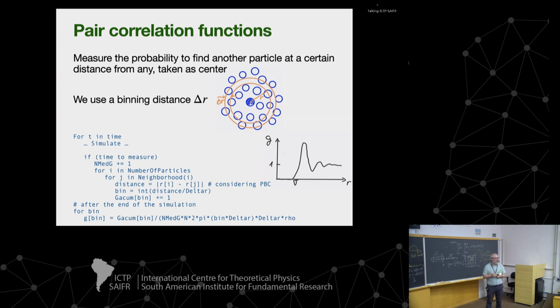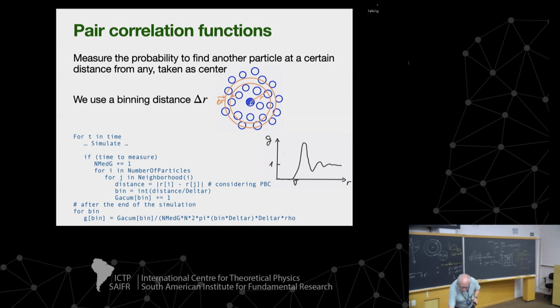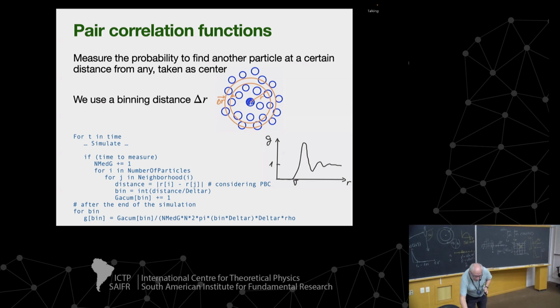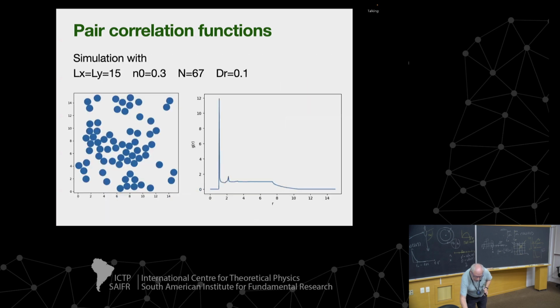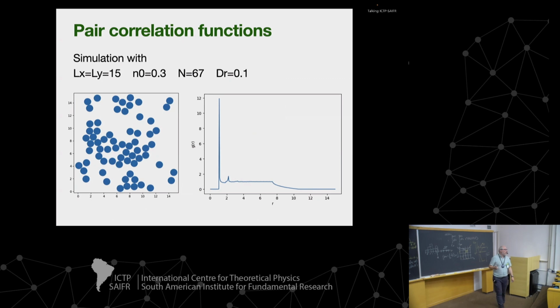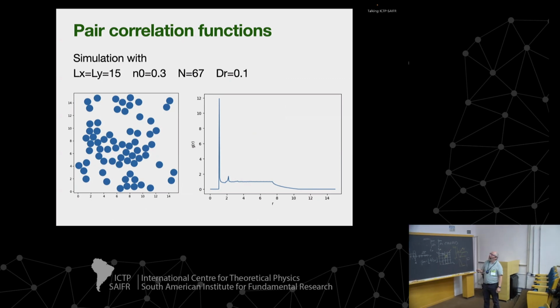No? It's very different. This is G of R for AVPs, for my particles. It is almost a direct delta at the diameter.